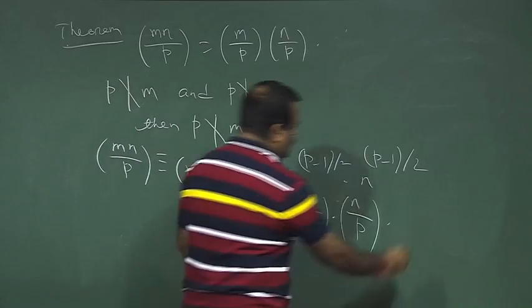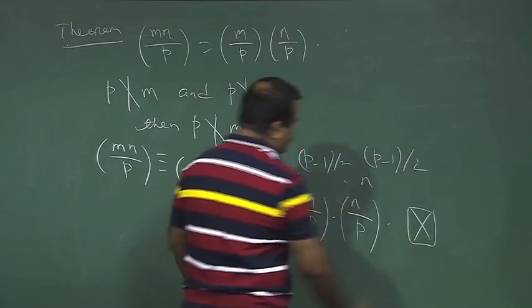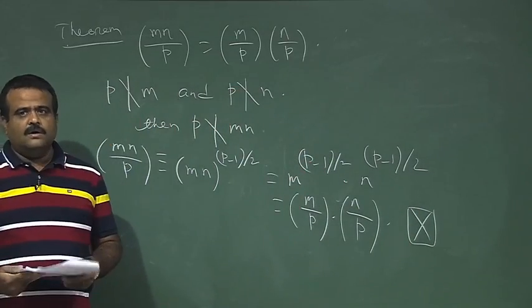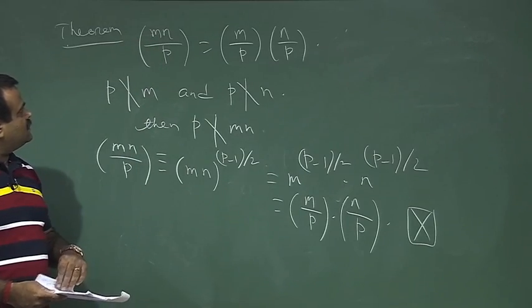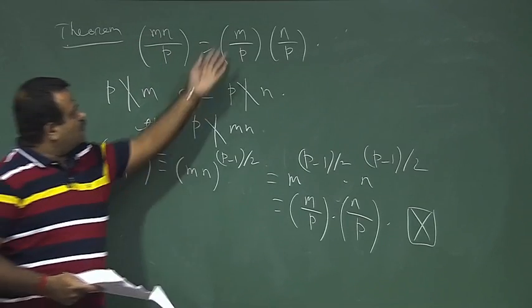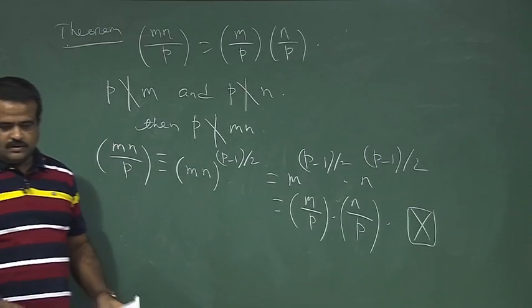So, this proves the theorem. If we have a product mn, then it is the product of the individual Legendre symbols.